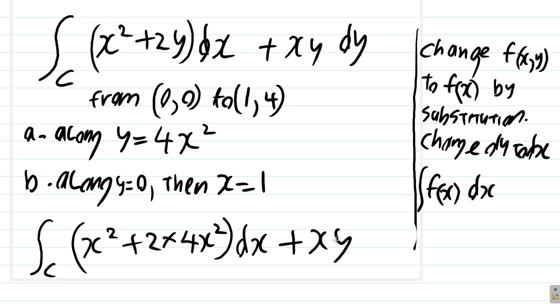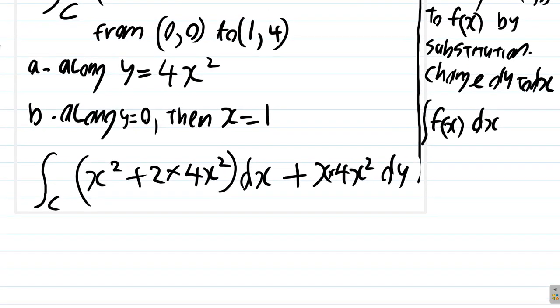Oh, we have y again. We need to change that y to 4x squared. x times 4x squared dy. But hold on again. This dy should be changed to dx. How do we do that?